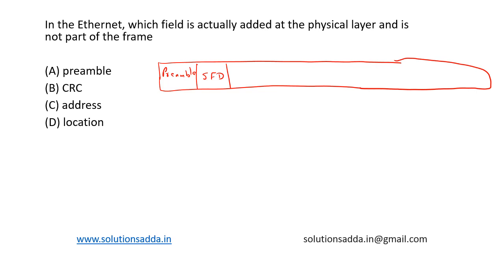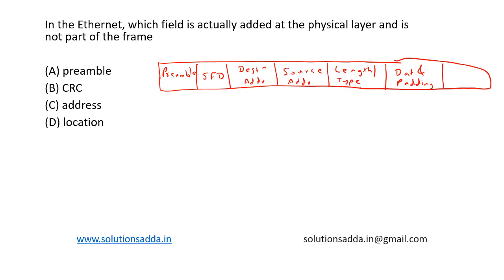Next one is destination address. Next we have source address. Next we have length or type. Next is data and padding.